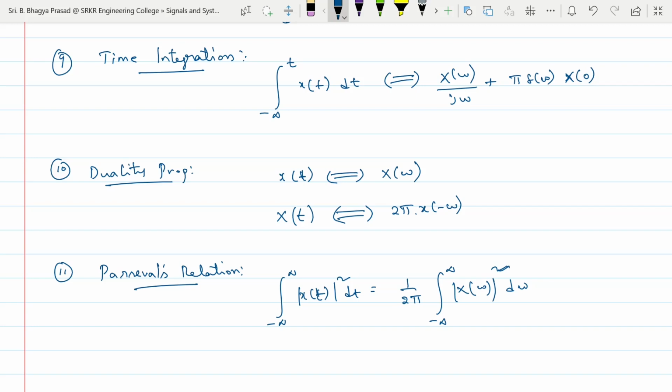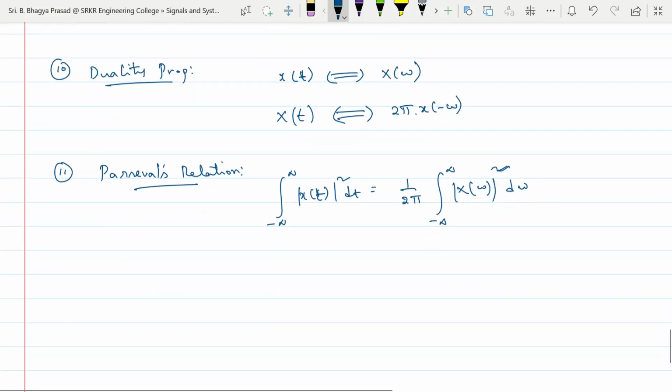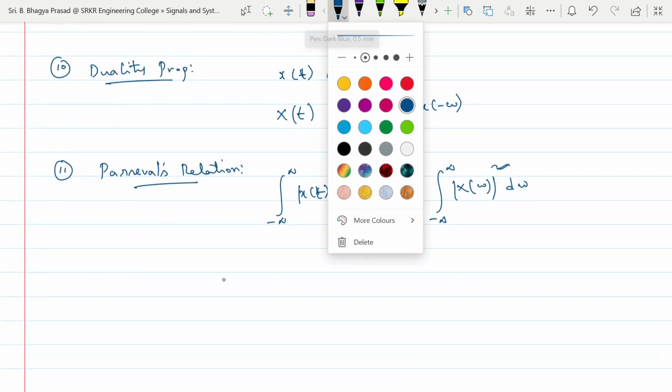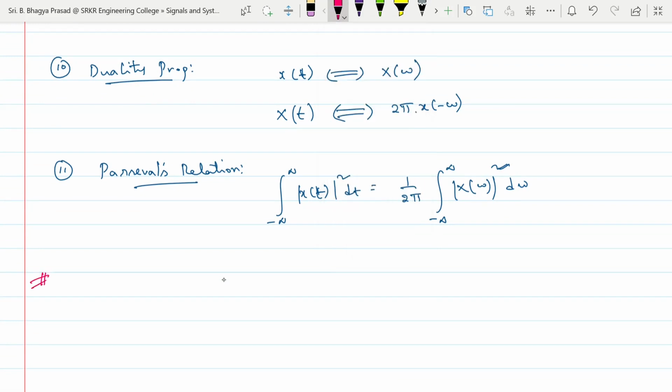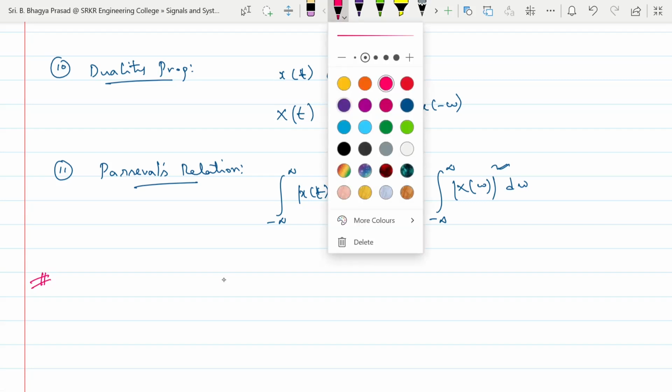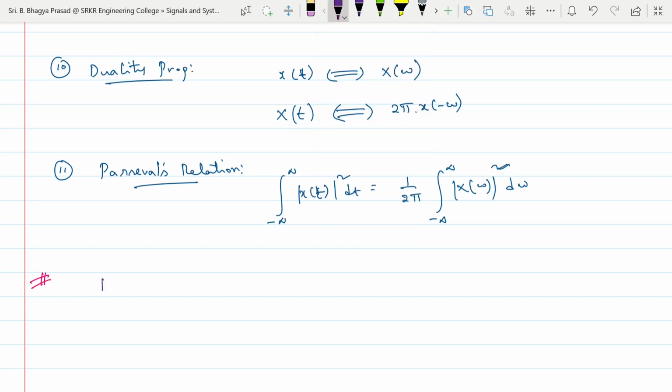Now, using these properties with the help of some standard pairs, let us see the Fourier transforms of some different signals. Let us start with the Fourier transform of the exponential signal e^(jω₀t).